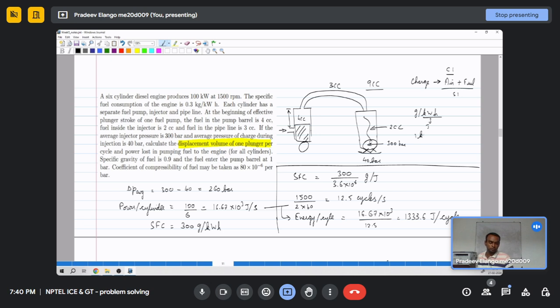So 1 kilowatt hour, I can write it as 1000 watt hour. And this 1000 watt hour is 1000 joules per second hour, and 1 hour is 3600 seconds, right? So I have 1000 into 3600 joules per second into second. So finally I will have 3.6 into 10 power 6 joules. This is 1 kilowatt hour.